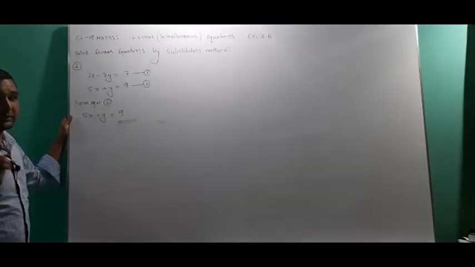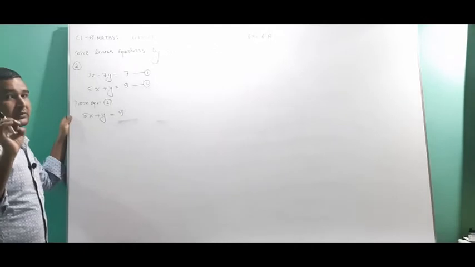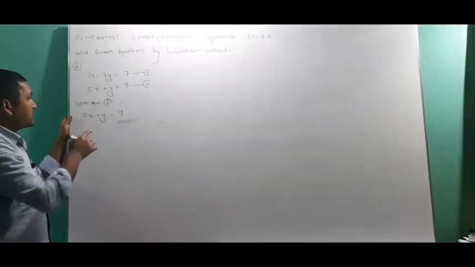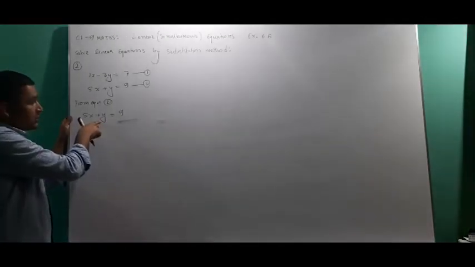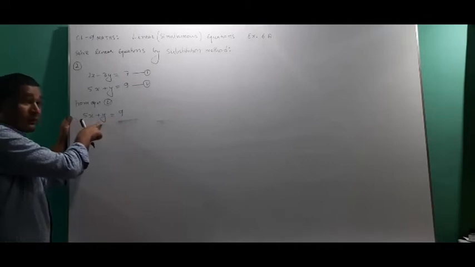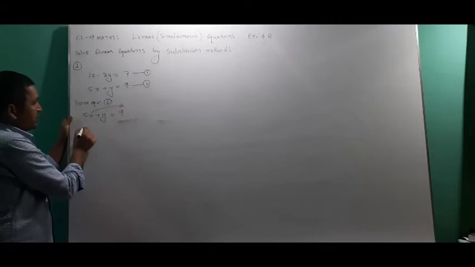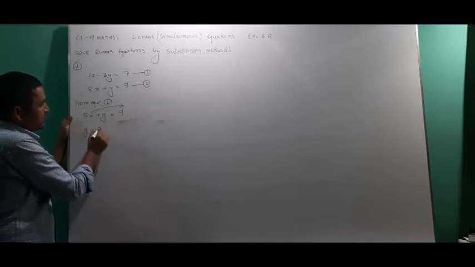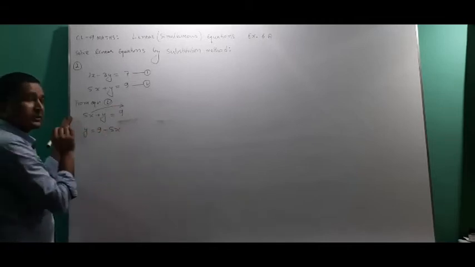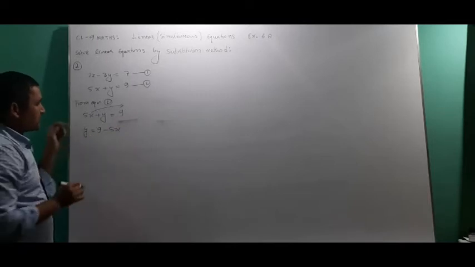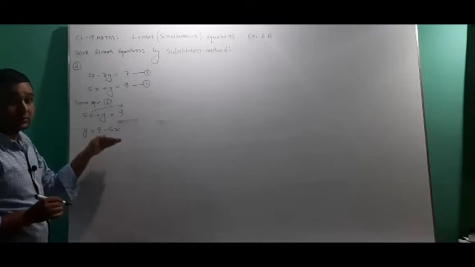Always get the value of the variable which has a small coefficient or coefficient 1. To get the value of y, take this 5x to the other side. Then y equals how much? 9 minus 5x. Now we got the value of y in terms of x.